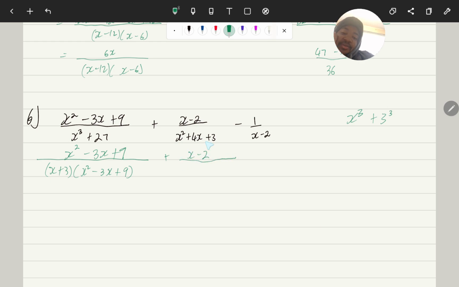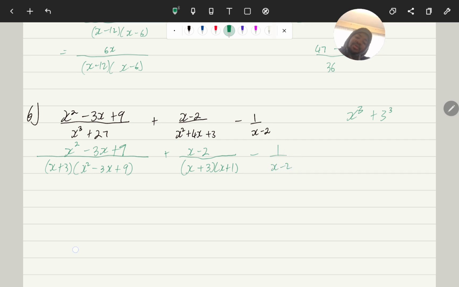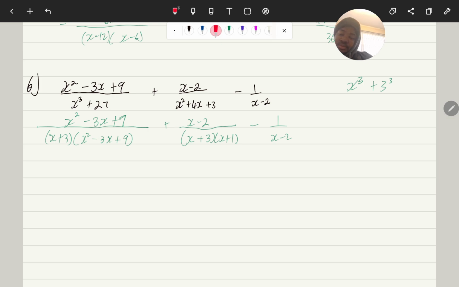We can't factorize that further. Can we factorize this one? The answer is yes. You have x plus 3, then x plus 1, but it doesn't do us any good. How about this one? Just leave it as it is, right? Minus 2, so this divides this.